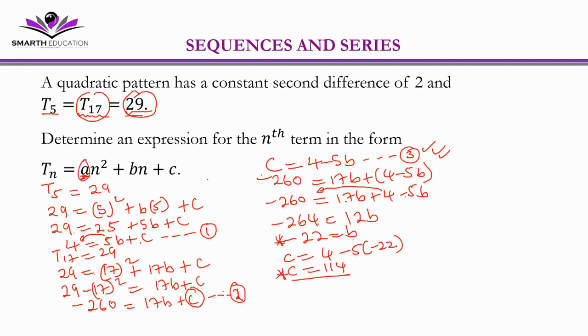A is equal to 1, we got it from the second difference. 2a is equal to 2, a is equal to 1. Therefore, Tn is equal to n squared, b is negative 22 so minus 22n, and then c is positive 114, plus 114. We're getting the same answer.